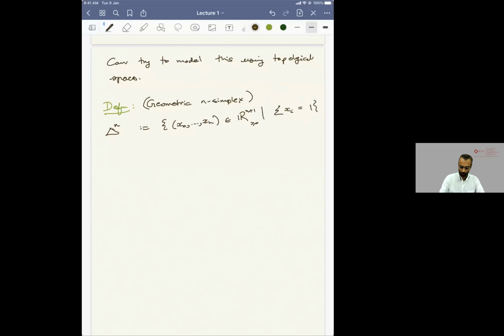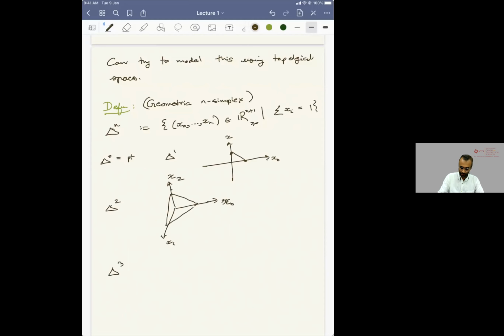So let's draw a picture of this. Delta 0 is a point. Delta 1 looks like this. Delta 2 is the triangle. Delta 3 is a tetrahedron.